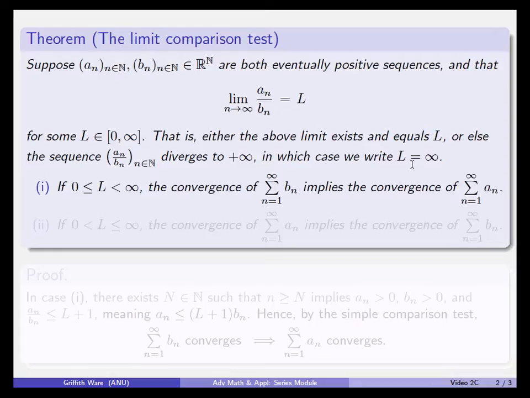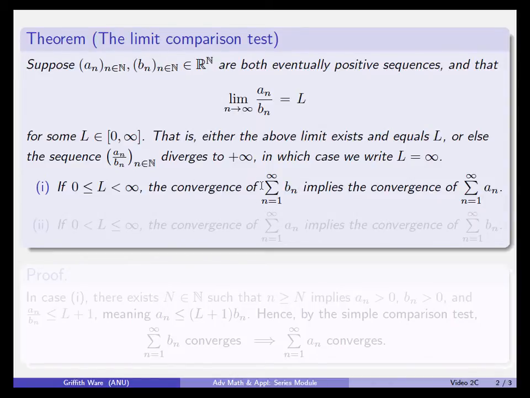And if you think about what's going on here, what that is really saying is that if we know that the series Bn converges, then one thing that's immediate from that is that the sequence of terms Bn must be going to 0, because we know from the nth term test for divergence that if the sequence of terms does not go to 0, then the series can't possibly converge.